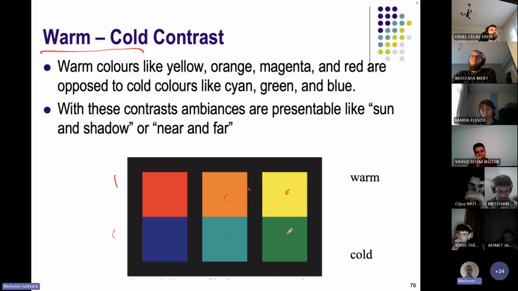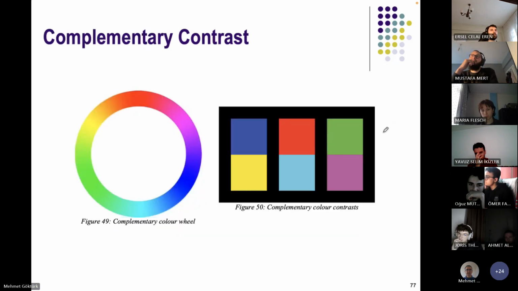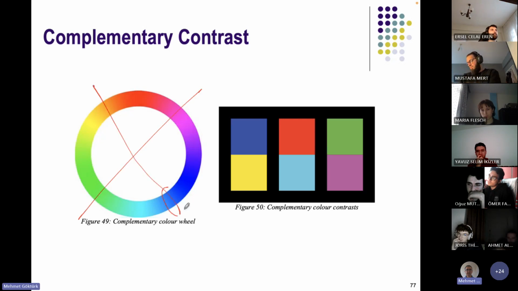These are warm-cold contrast values, like far, near, close, far away. Again, complementary contrasts are these two in the color wheel, which are helpful in designing user interface dialogues.